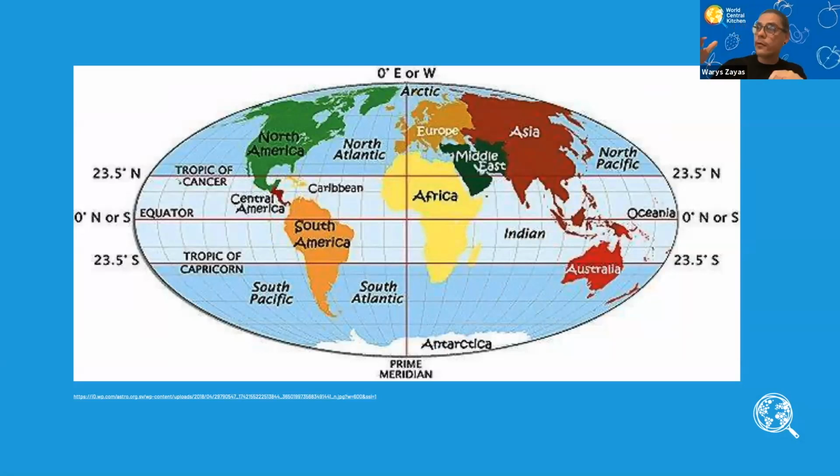So all of us are located north of the equator line. The equator runs in the center from left to right, and latitude 0 to latitude 23.5 is considered the Tropic of Cancer.